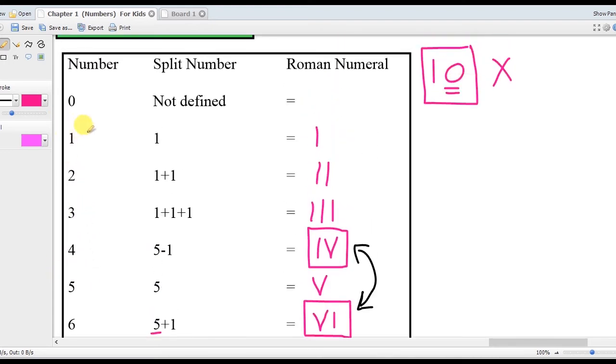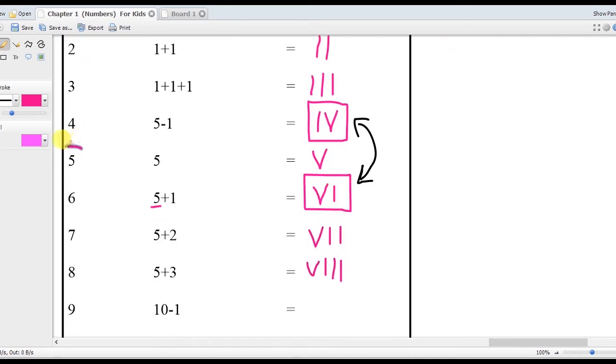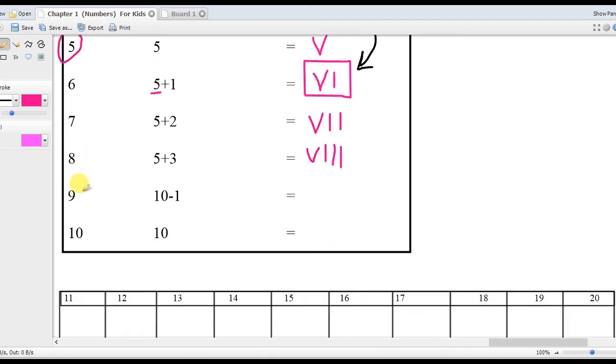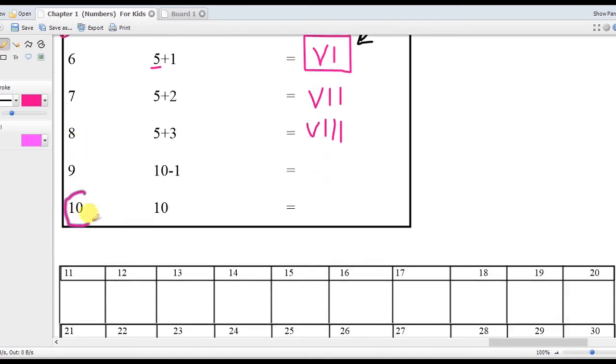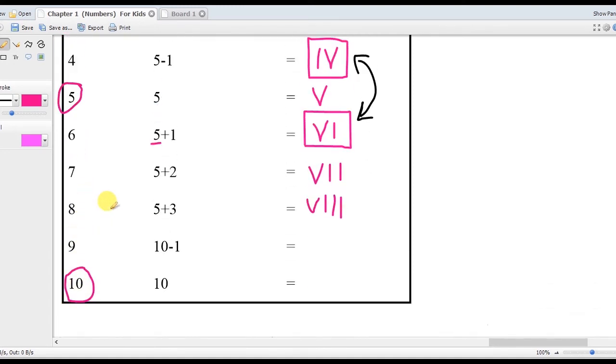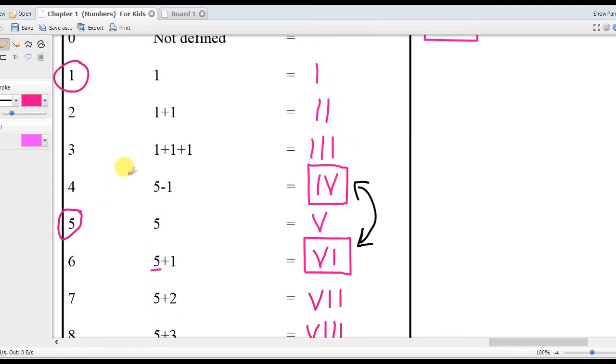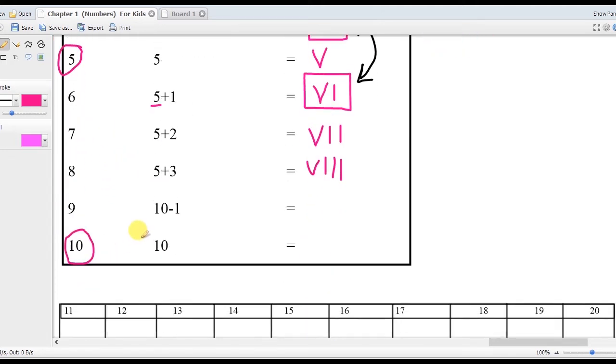So what comes in this list? Number 1, this is our basic symbol, V, and number 10. Using these three basic symbols we have already learned how to write numbers from 1 to 10, right? So coming to 10, the Roman representation of number 10 is X, right?